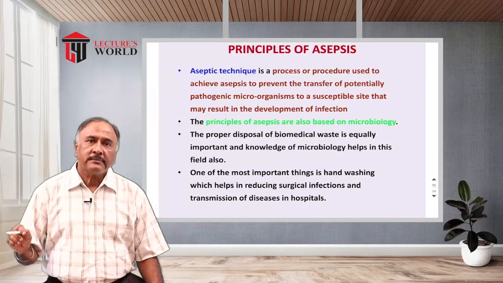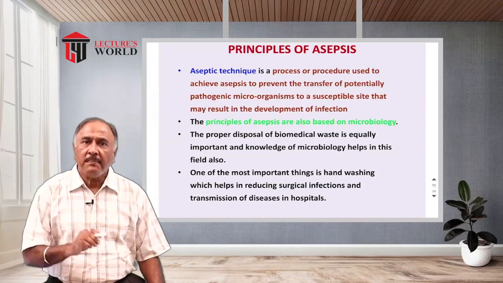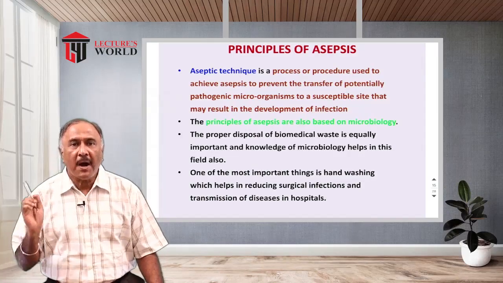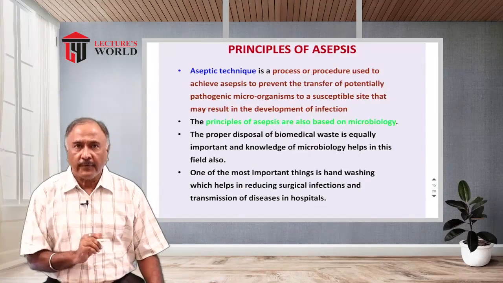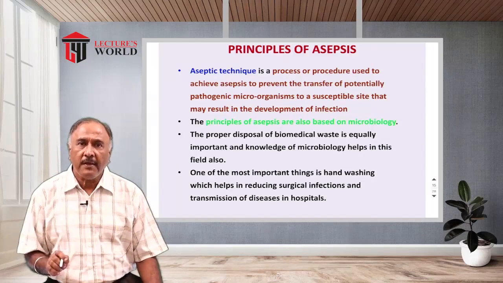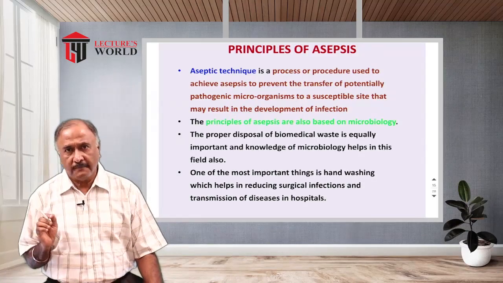Then the causative agent, that is the pathogen, can be transferred from a disease to that individual by certain procedures, which, if they are not handled aseptically, can transfer the disease.